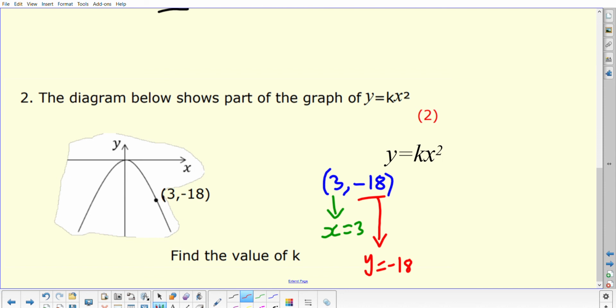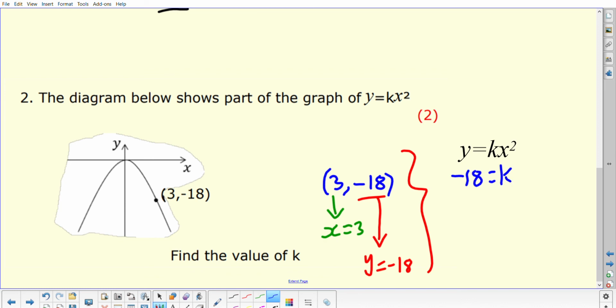So in this equation, y equals kx squared, we're subbing into that. We're going to have -18 equals k, which is what you're trying to work out, times x, which is 3, and that's getting squared. So -18 equals k times 3 squared, which is 9.